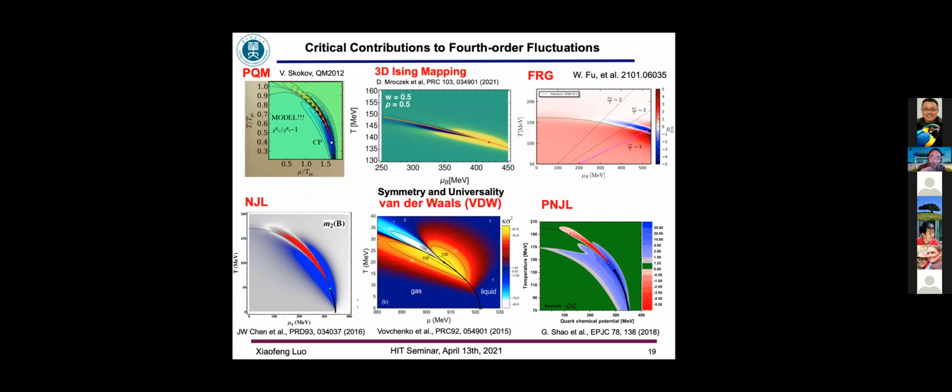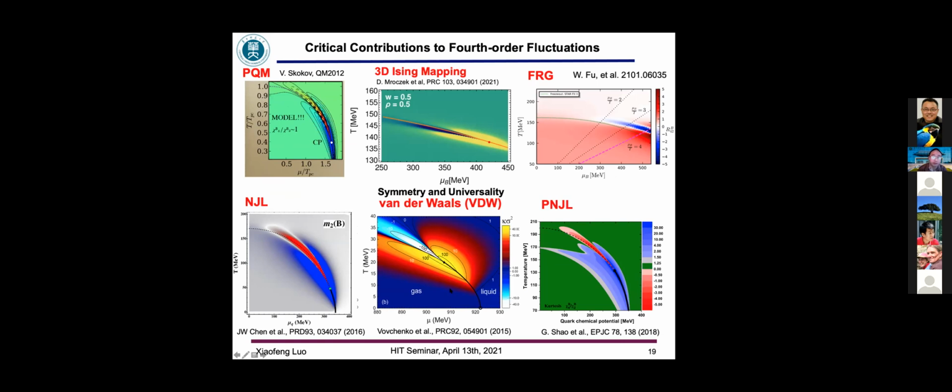These two contribution regions, the negative contribution and the positive contribution to the fourth order fluctuation, have been calculated by many groups with many effective models. For example, PQM, 3D Ising mapping to the QCD phase diagram, FRG, functional renormalization group, NJL model, and even normal nuclear matter introducing the van der Waals interaction.